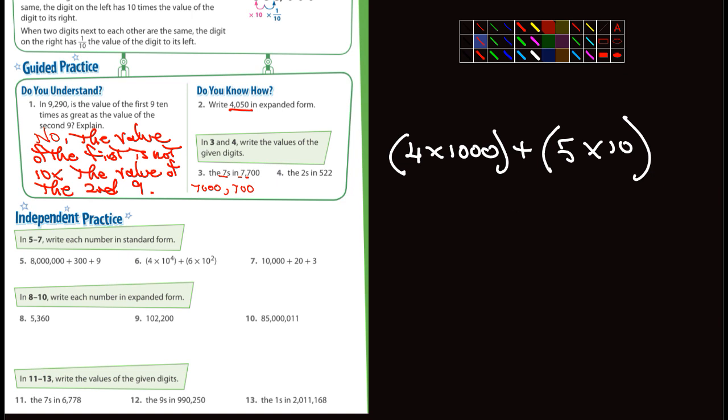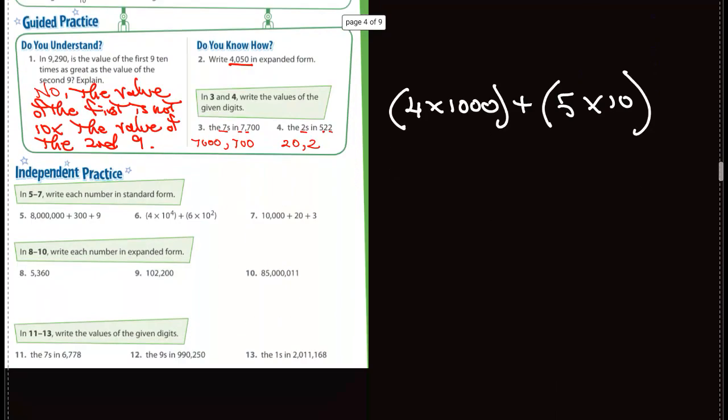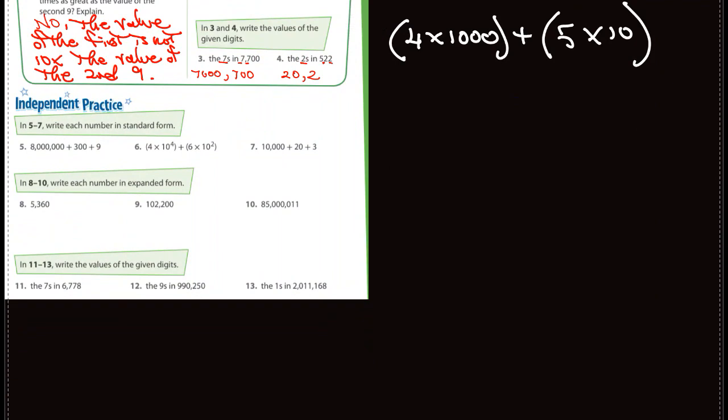Okay? And then it says write the values of the given digits. So you got to write the values of the 2s. So we're not going to worry about the 5. The first 2 here, what's that value? 20. What's the value of the last 2 here? Well, that's just 2. That's in the ones place. Okay. I think you guys could do these. That's not too hard here.